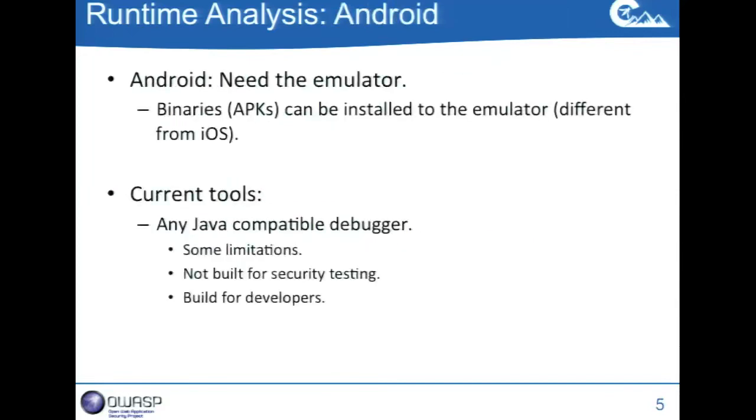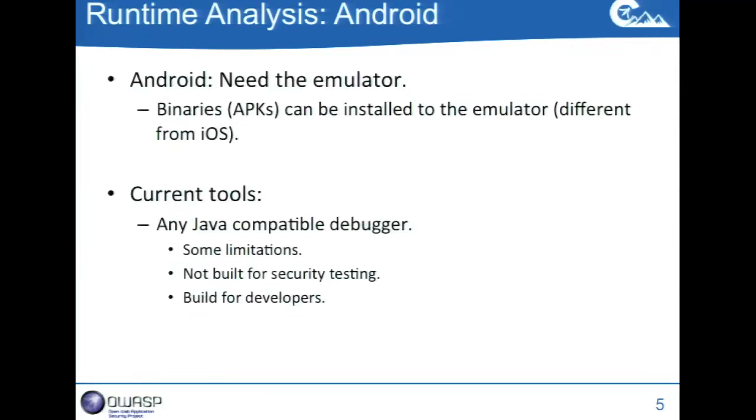I'm going to start with Android, and then we're going to talk about how that works and how it's a little different than how you might apply some of this for iOS. So on Android, my experience has been that it's most effective to do this type of testing with an emulator, and the reason is that the emulator is going to start up apps in a debuggable state by default.